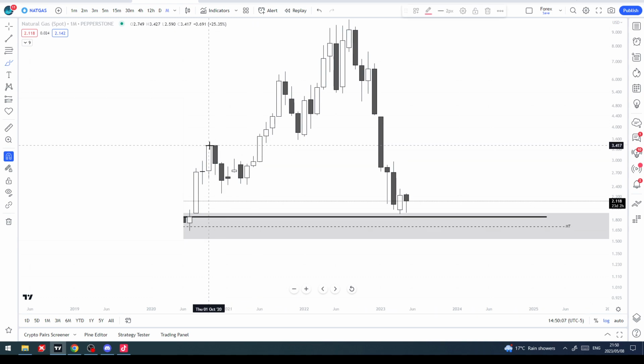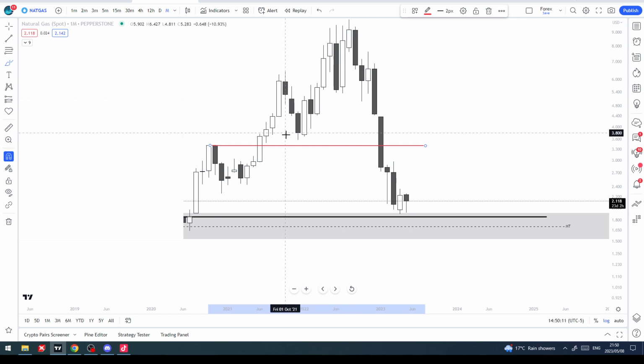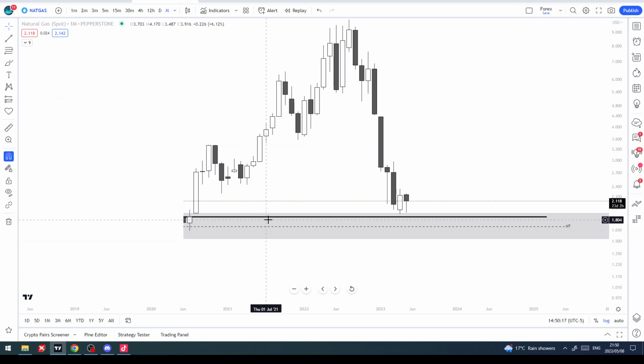So just like they needed to do something here, you see that? They needed to do something here, which they did. That's what needs to happen down here. And once the mean threshold holds, then we can look for our entries around here, right? Nothing bullish on a monthly level just yet.